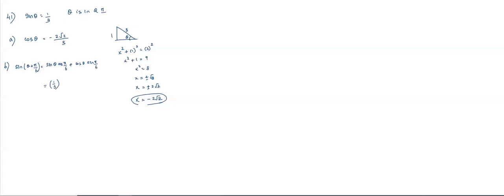Cosine pi over 6 is root 3 over 2. Cosine theta is negative 2 root 2 over 3. Sine pi over 6 is 1/2. Then I simplify this. I get root 3 over 6 minus 2 root 2 over 6. Then I put it all into one fraction.